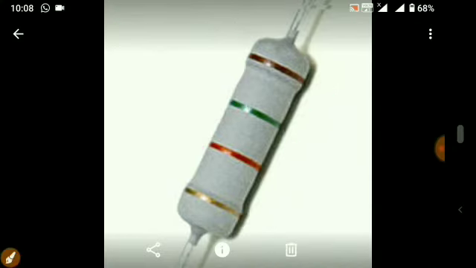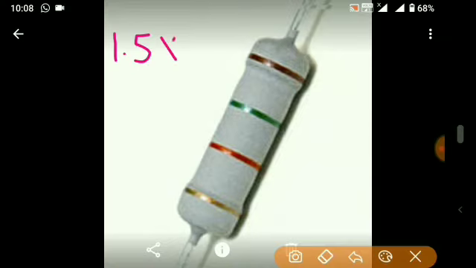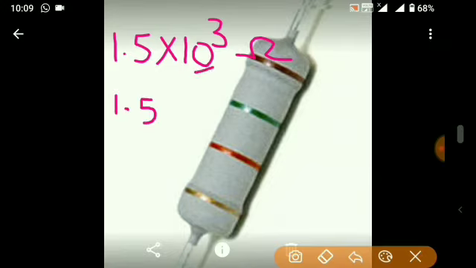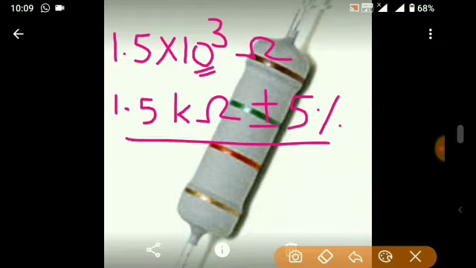You can write 1.5 into 10 raised to 3 ohm also in the power form, or you can write this as 1.5, and 10 raised to 3 means kilo, so kilo ohm, and finally plus or minus 5%. So this is the value of this resistor.